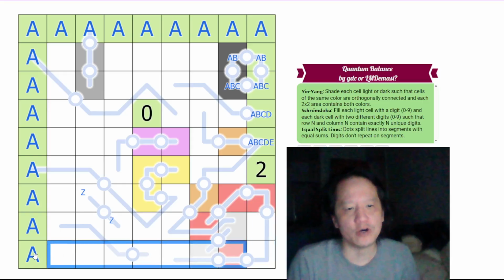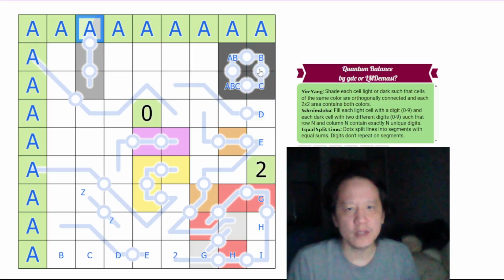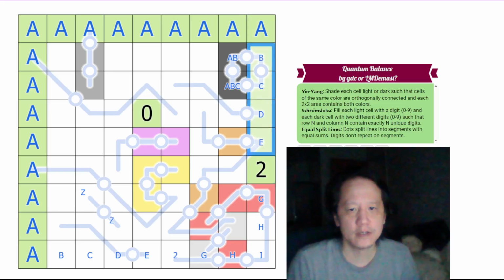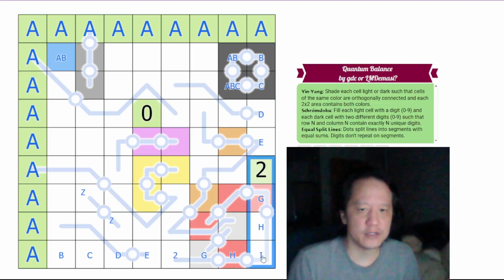So the problem was, essentially here, if this was blue, right? If any of these are blue, this must connect all the way here. Oops. We do know that this is blue, period. So this is AB. If any of these are blue, the problem is all of these would be green.